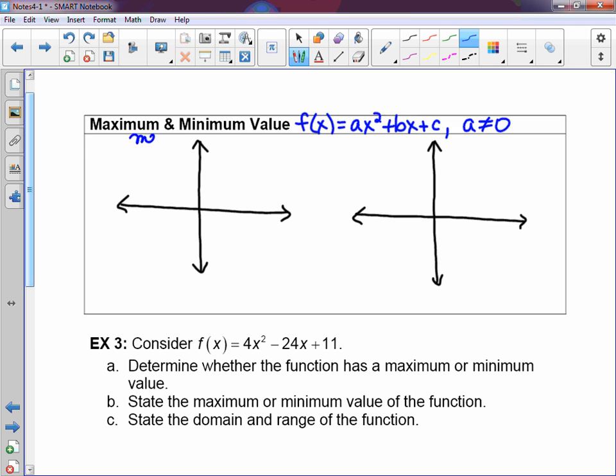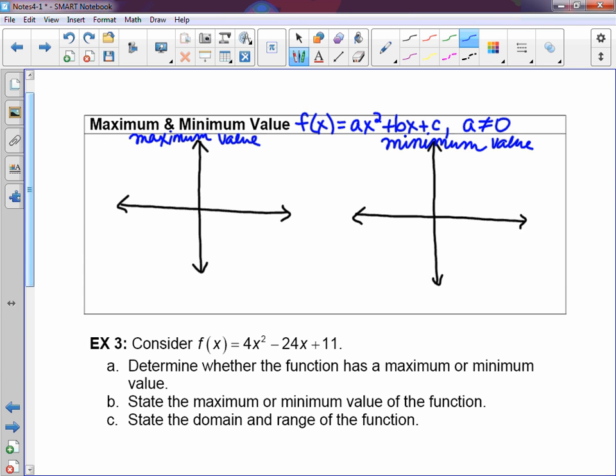write maximum value across the top one. And go ahead and write minimum on the second one. Didn't leave myself enough room, did I? Minimum. Try to spell that right. Maximum value and minimum value.